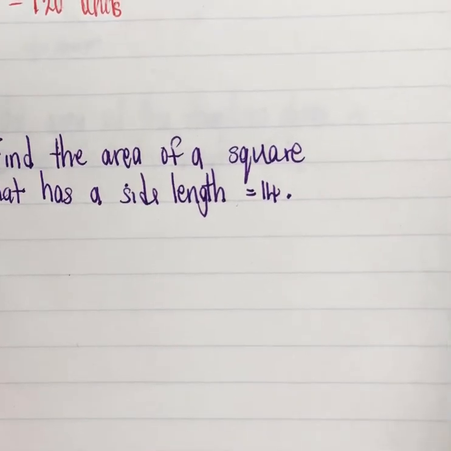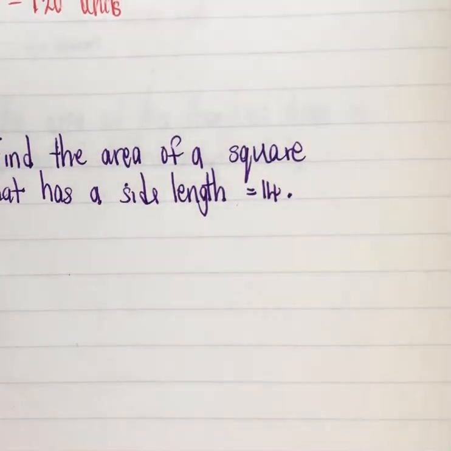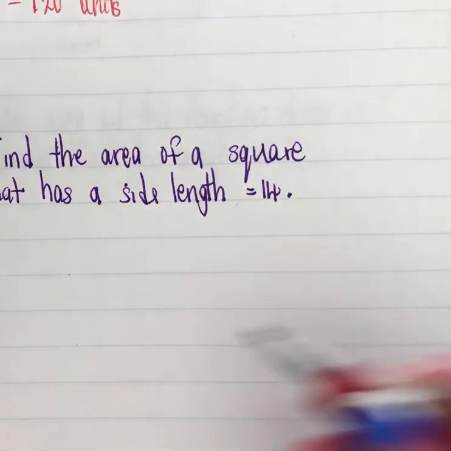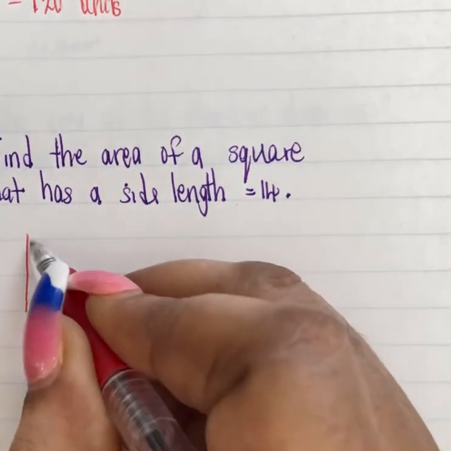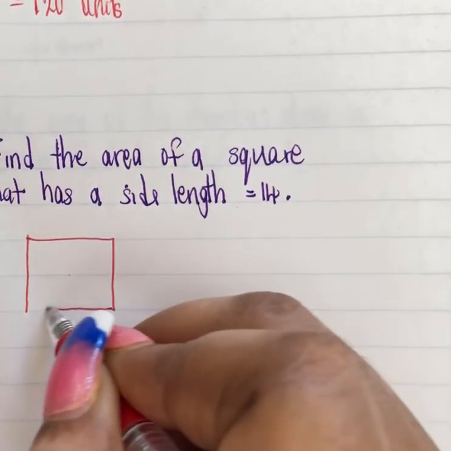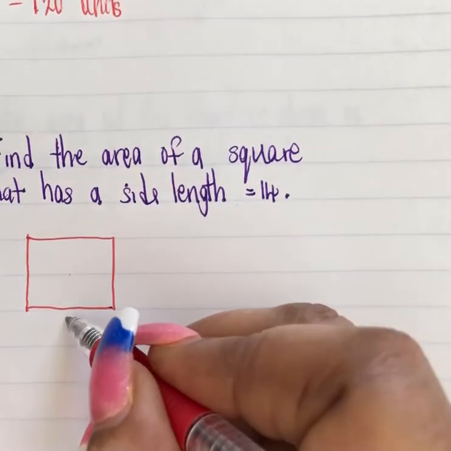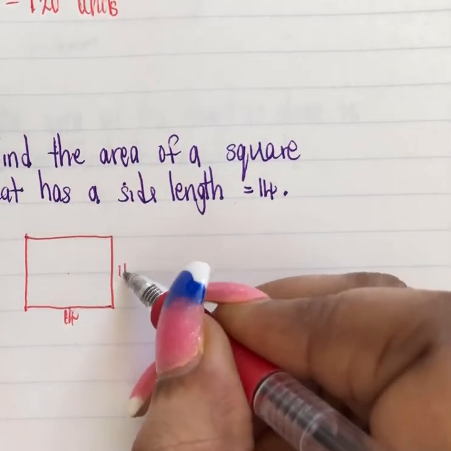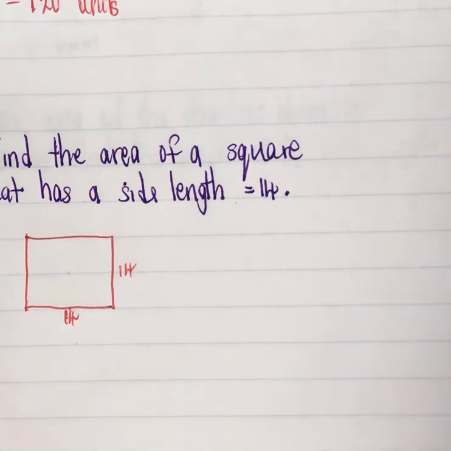In this question, we want to find the area of a square that has side 14 cm. Because it is a square, we immediately know one thing. Whatever one side is, exactly the same will be for the other 3 sides.